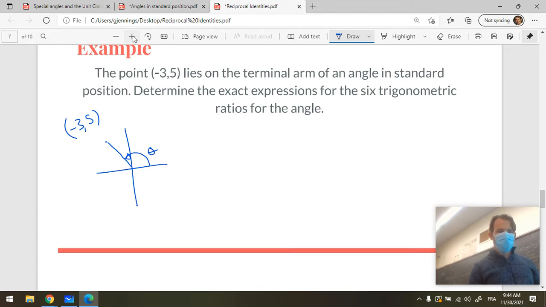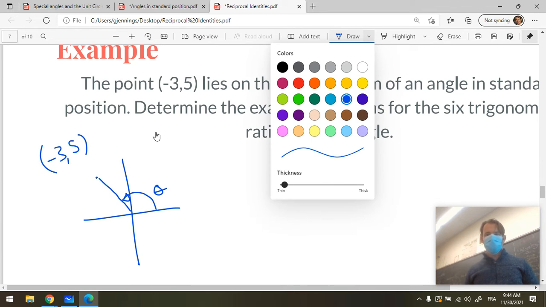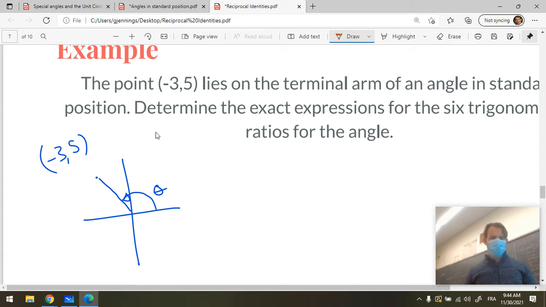So let's zoom in a little bit. We'll draw our triangle here. So I've done the first 2 steps, which is plot the point and then join the point to the origin. And then I want to consider this triangle here, and this angle here is the reference angle for this angle theta. So this is angle beta. And this is a height 5. And this is a negative 3.